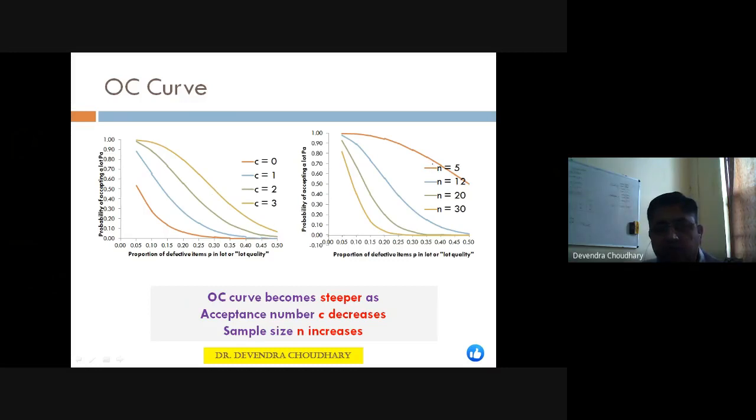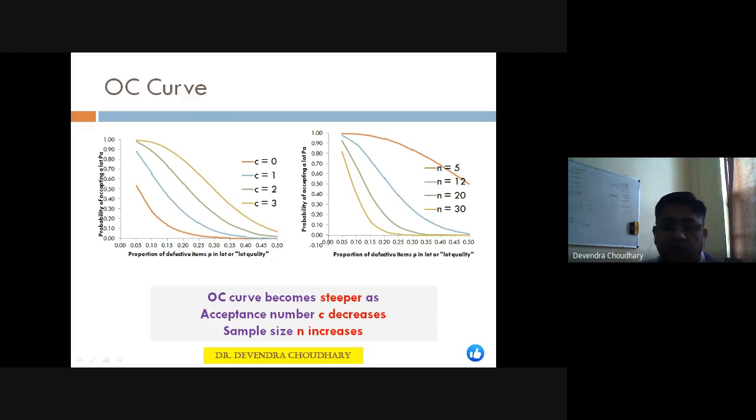Similarly, as the sample size increases, the curve becomes steeper. Or we can say when sample size increases and acceptance number decreases, the curve becomes steeper.